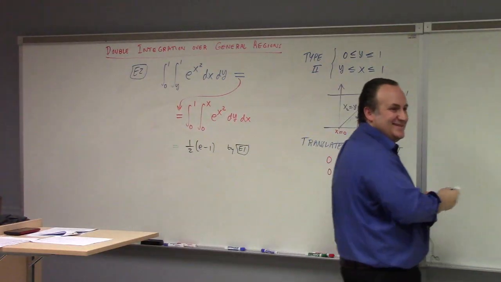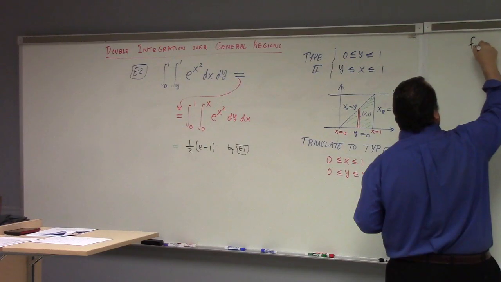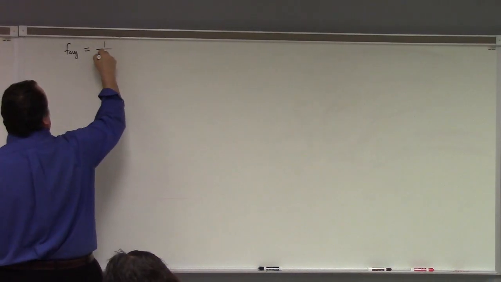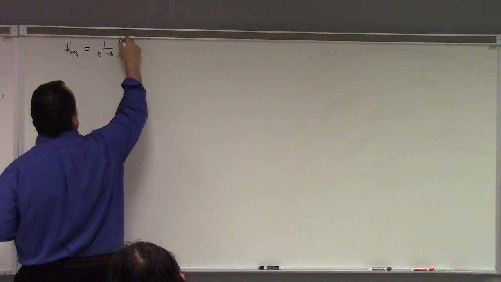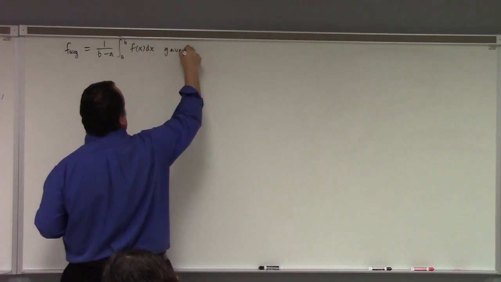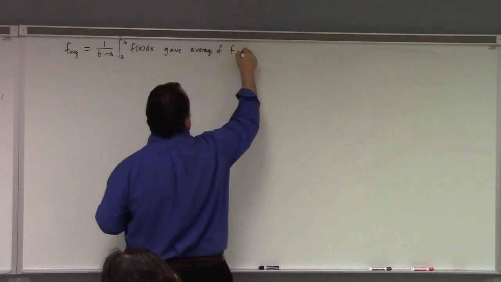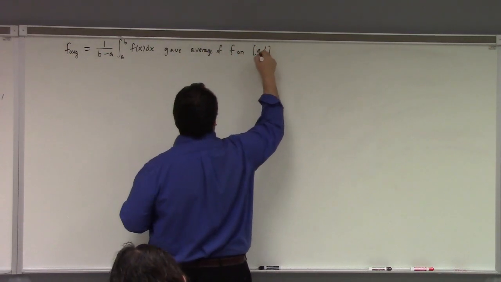Here was the deal. 1 over b minus a, integral from a to b, f of x dx gave the average of f on [a, b].